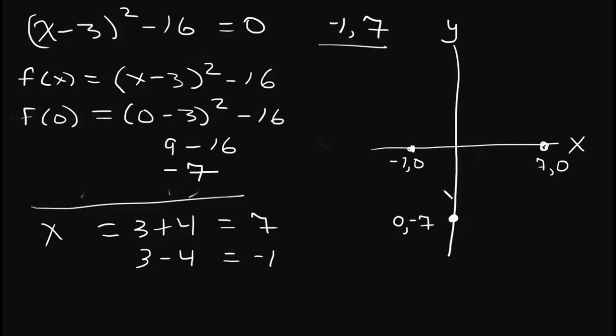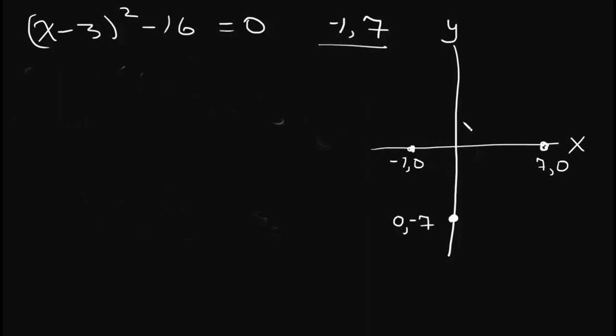The last and perhaps the most interesting piece of information we get from writing the equation in the square completed form is this. We know where the vertex of the graph is. Well, first, we know that this is going to be a parabola because it's a variable squared. Now, if it was just a plain old x squared, we know it would look like this.